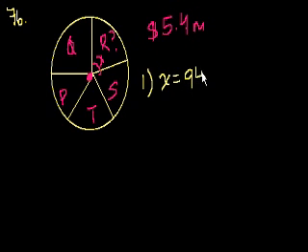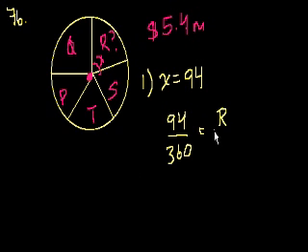Well, we're done. Because X over the total degrees in the circle, so 94 over 360, is going to be equal to the expenses of division R divided by the total expenses, 5.4 million. And this is a trivial equation to solve, so 1 alone is sufficient.